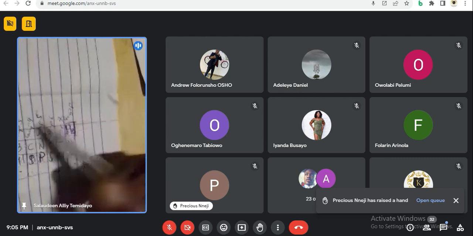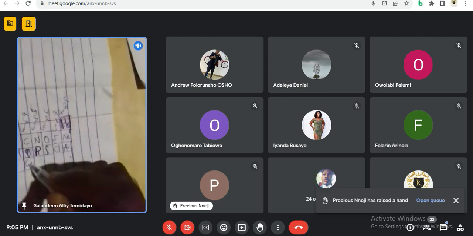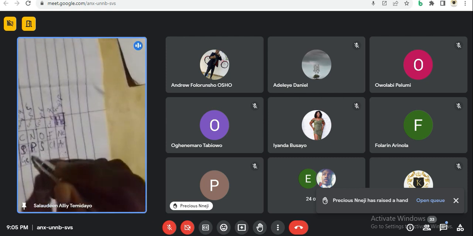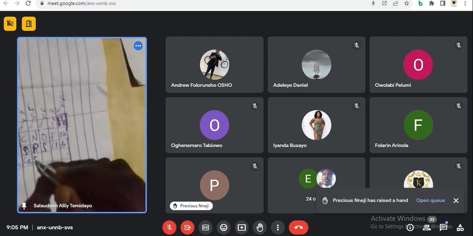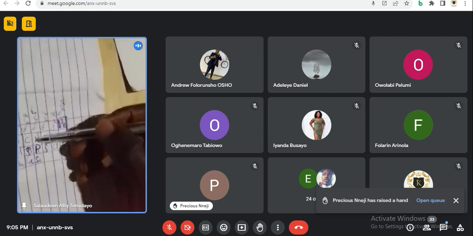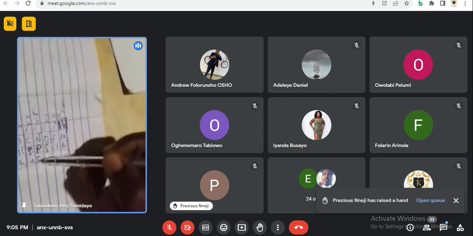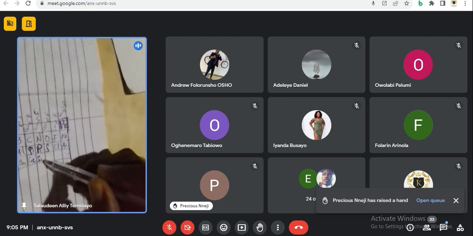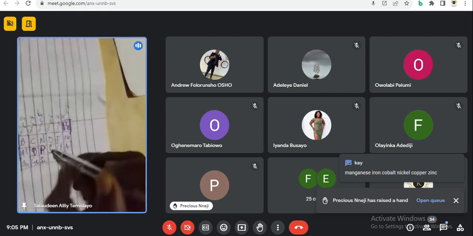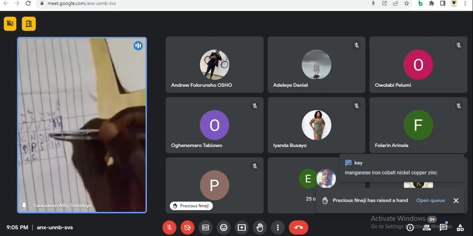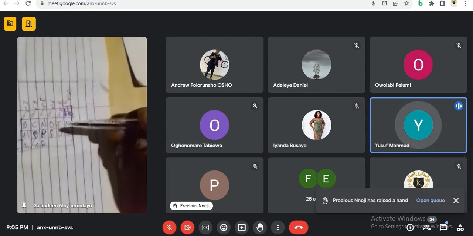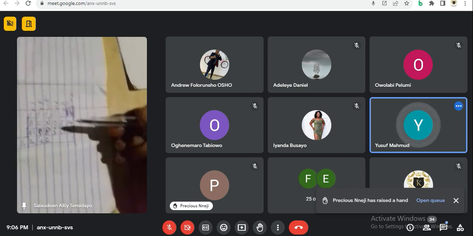After silicon, it is germanium. This one is gallium. Group five, so nitrogen, phosphorus, they are under the same group. Under nitrogen and phosphorus, it is arsenic.